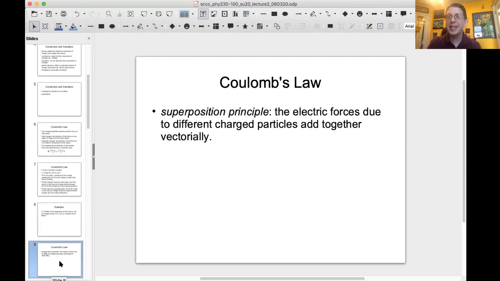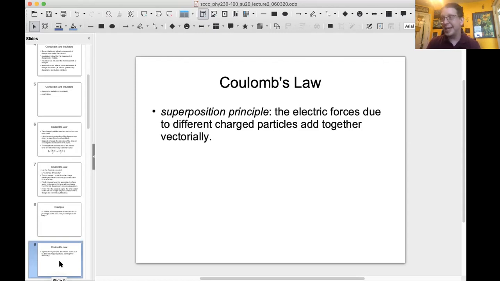If you think back to vector addition in whatever Physics 1 class you took, you probably had some lab experiment using a force table where you added vectors together. This applies to that. You're going to be adding vectors together if multiple charged objects exert a force on another charged object. So that's something to keep in mind.